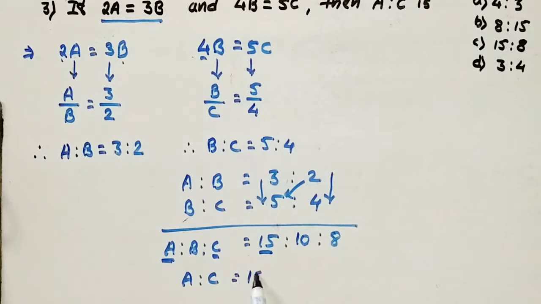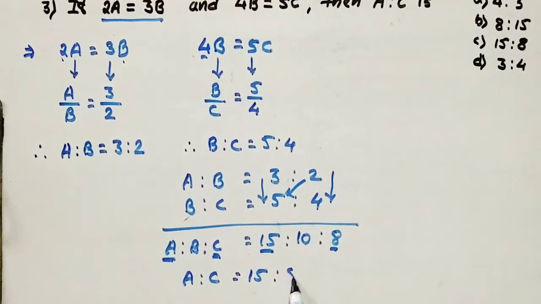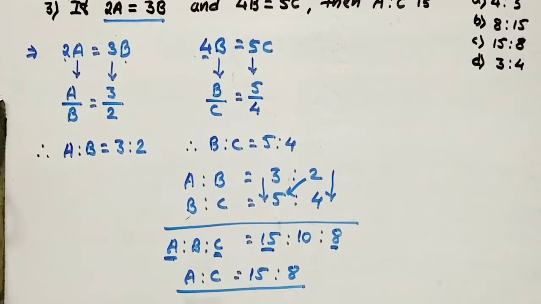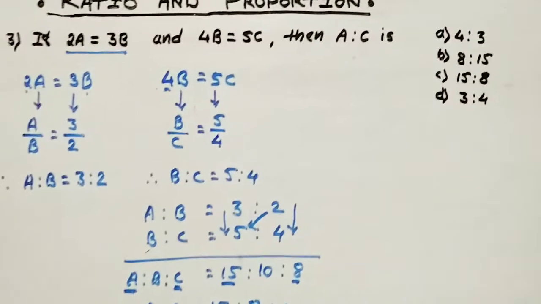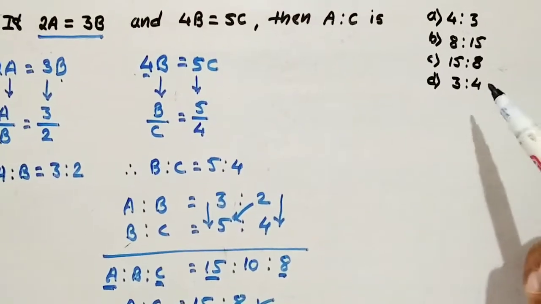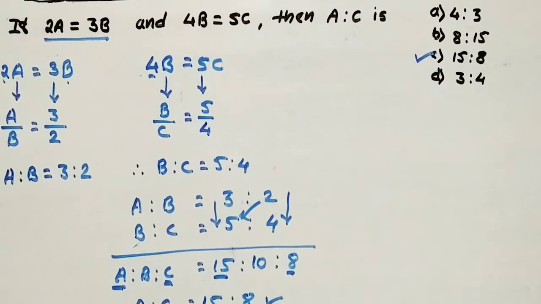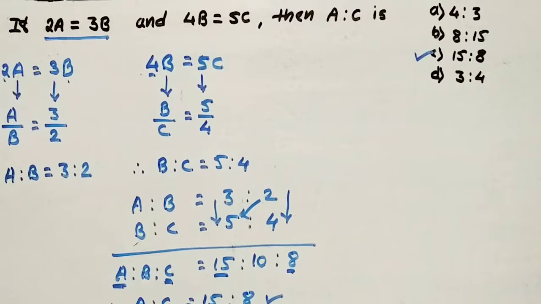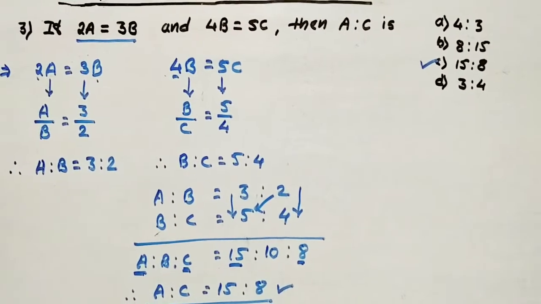That is 15. And what is the value of C? That is 8. So A is to C is 15 is to 8. So clearly option C is the correct answer. 15 is to 8, so option C is the correct answer.